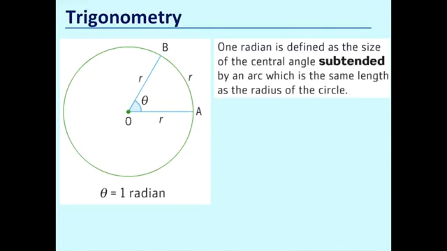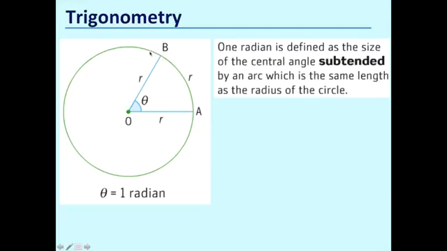So, the radian measure is a particular angle. It is the angle here which results when it is subtended by an arc AB equal to the length of the radius. So remember, all subtend means is a posh mathematical word for the length of the arc which determines this angle theta here.